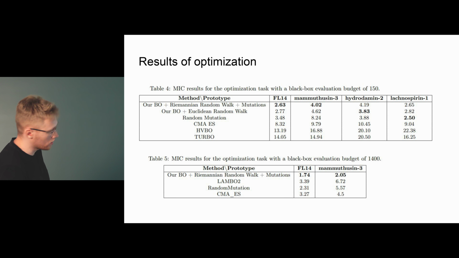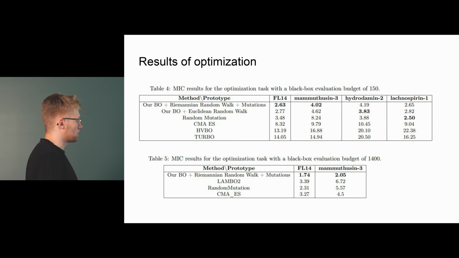They differ in this explore step. In the explore step we use this Riemannian random walk mutation, while they use other methods, like various domains of random mutation, genetic algorithms, diffusion sampling, etc.